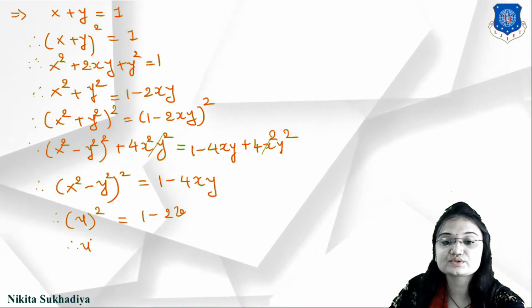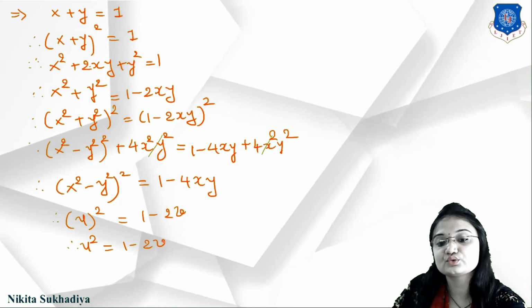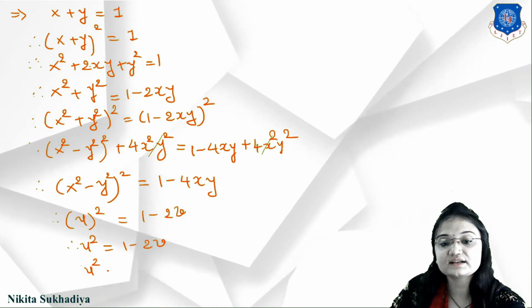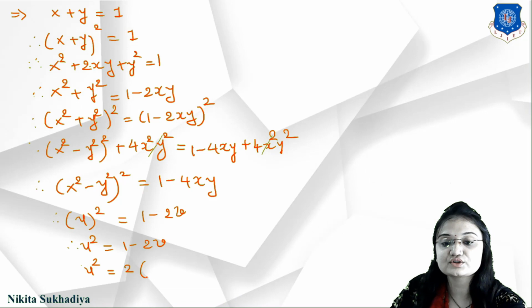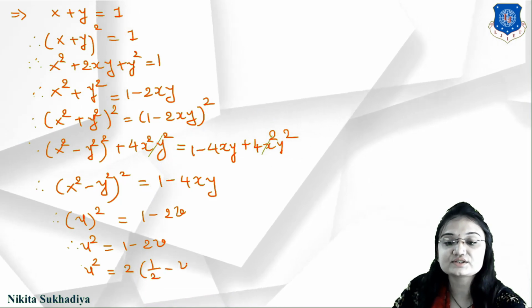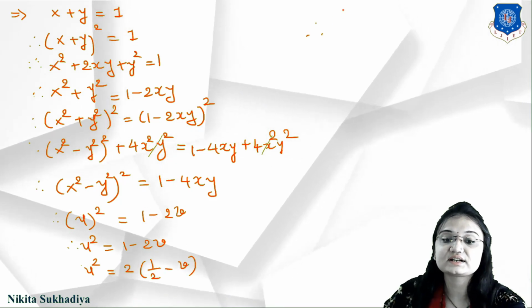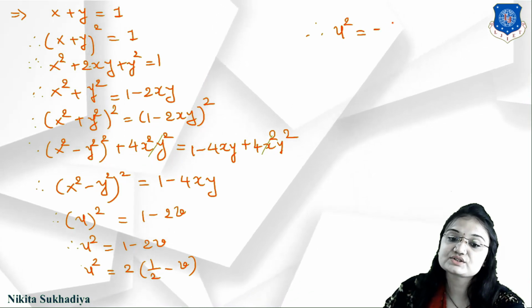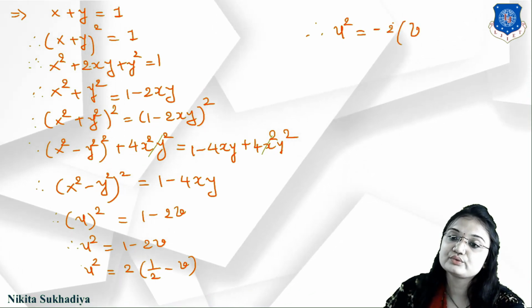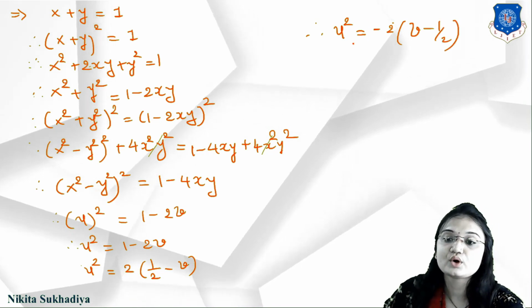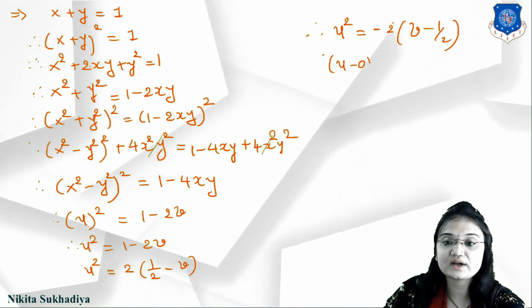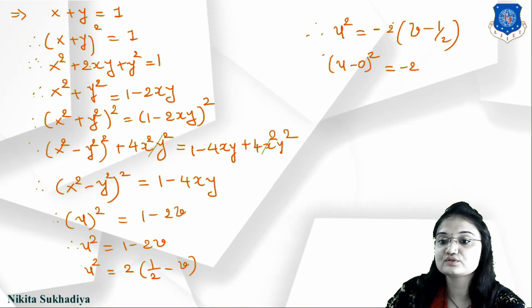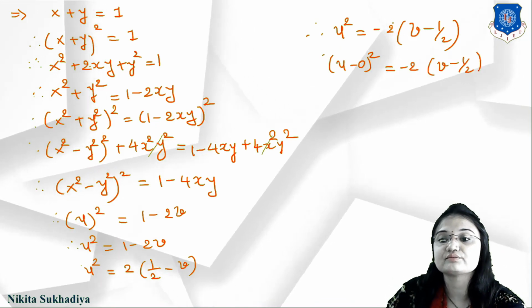So we can write it like this by taking 2 common: 1 by 2 minus v. So we can represent it like u square is equal to minus 2 (v minus 1 by 2). So this is nothing but (u minus 0) whole square is equal to minus 2 (v minus 1 by 2).